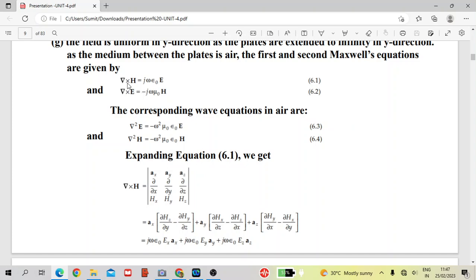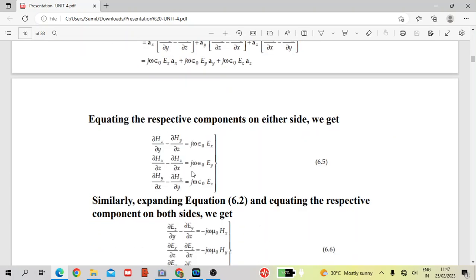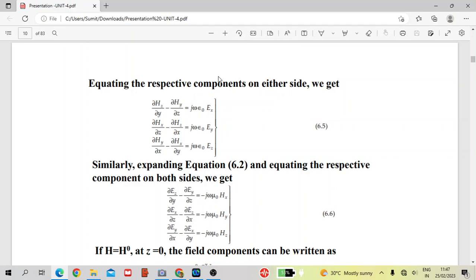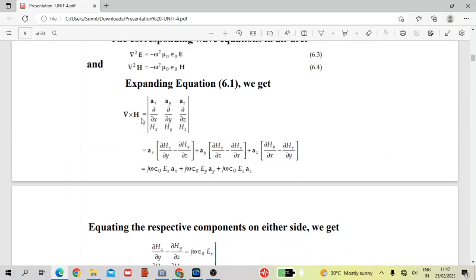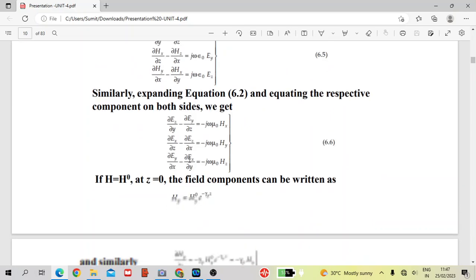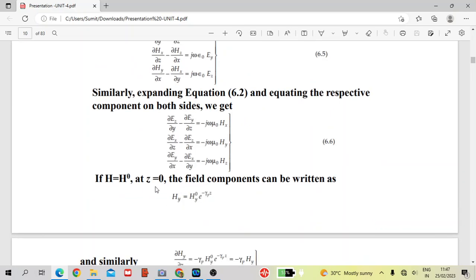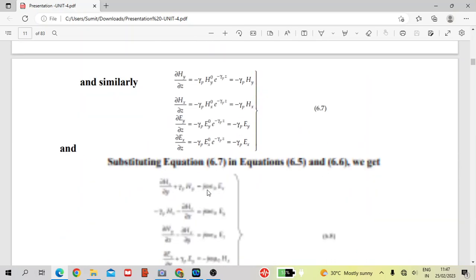Going by the traditional calculation, taking the curl, equating left and right side, we can easily form these equations. You just have to take the cross product, equate real and imaginary on left and right side, and then they can be solved as simple differential equations.